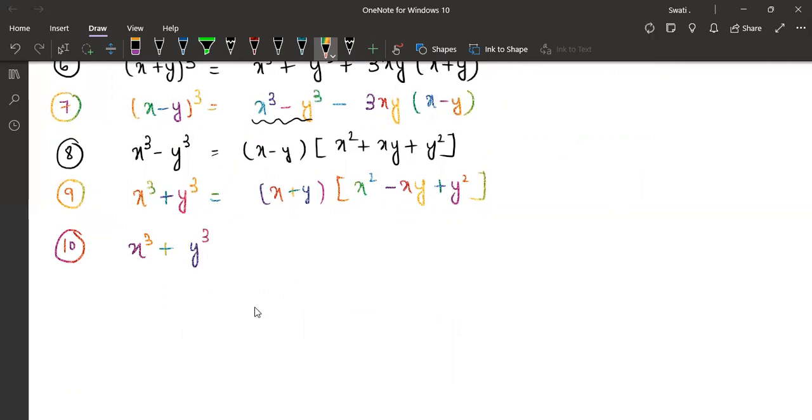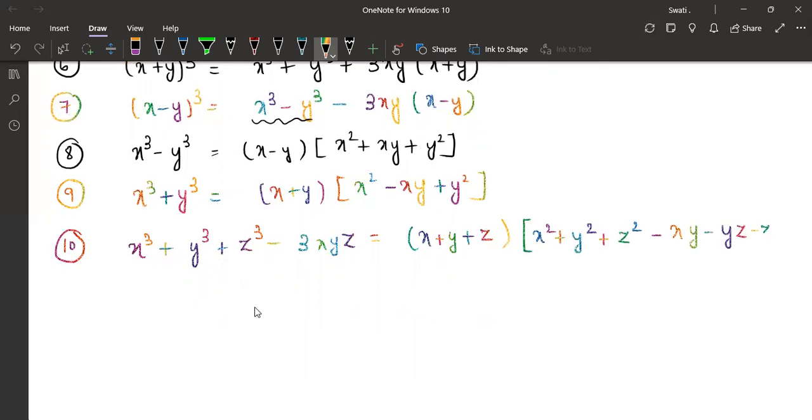But before covering the generalized form, let's understand this formula. x cube plus y cube plus z cube minus 3xyz. Okay, it says simply (x plus y plus z) in bracket, of course, multiplied by (x square plus y square plus z square minus xy minus yz minus zx).